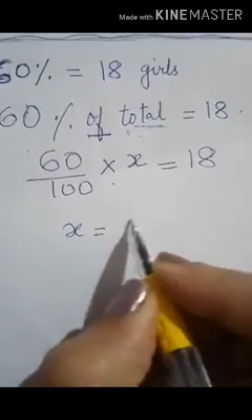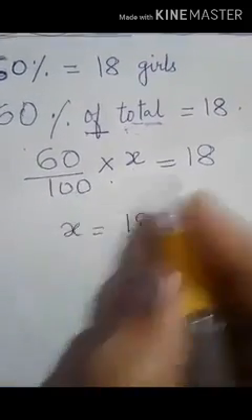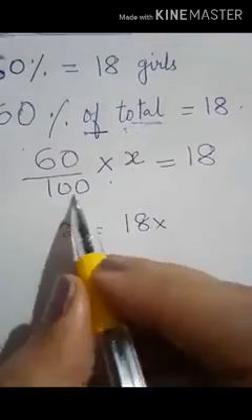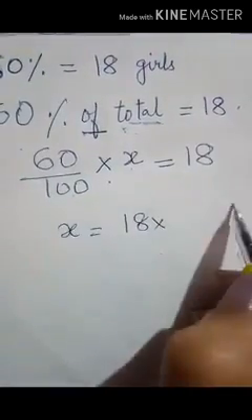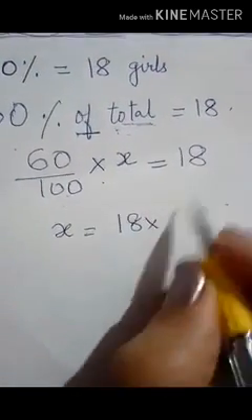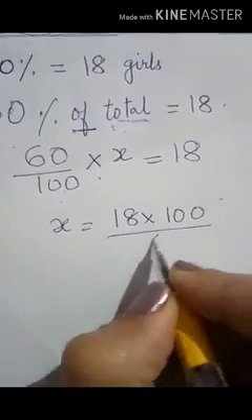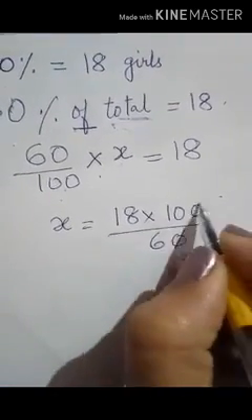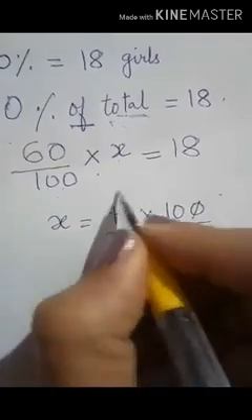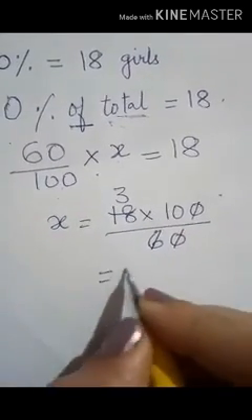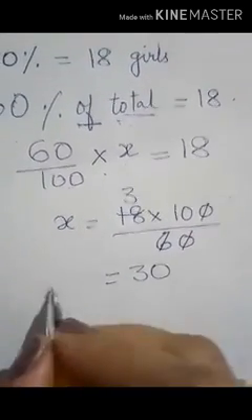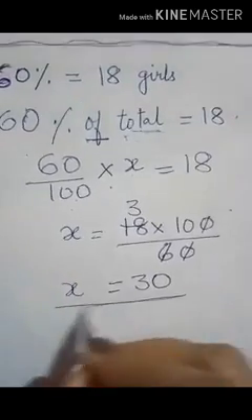It's similar to cross multiplication, so 18 times 100 divided by 60. What is in the numerator goes in the denominator, and the denominator goes in the numerator. 6 3s are 18, so total number x is 3 into 10, that is 30. So this is the other method.